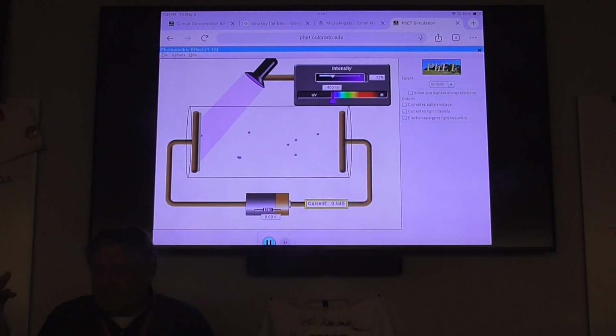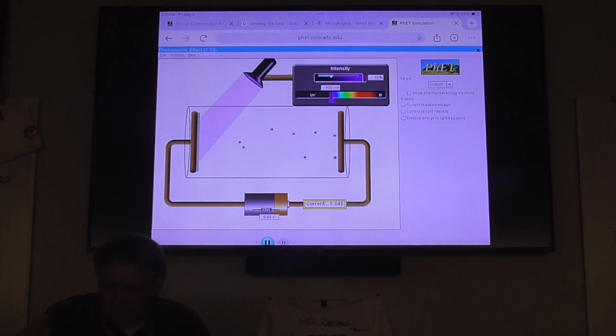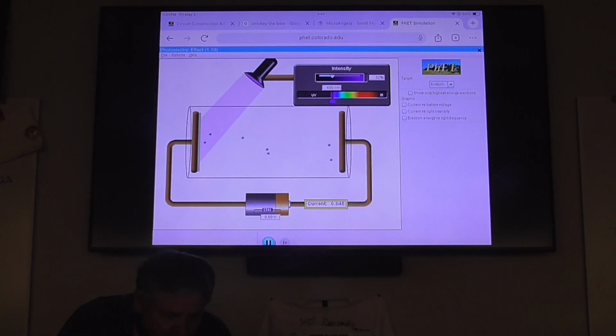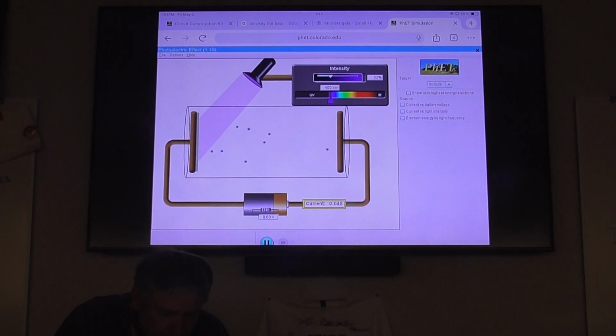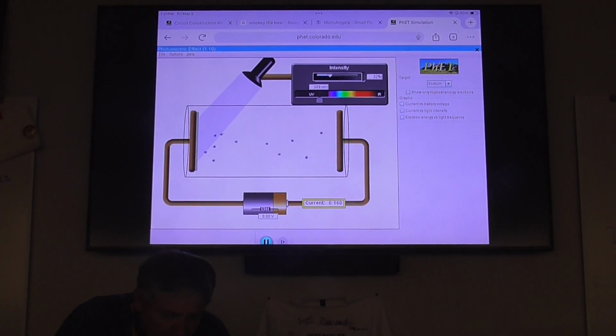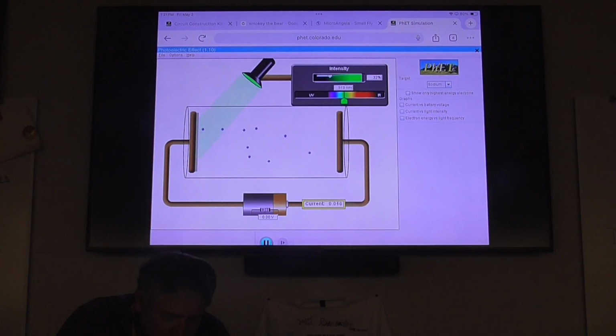So, you have three things that you can control in this lab. First is the wavelength. You can slide the wavelength and it's going to show you what those are, or you can move it around.